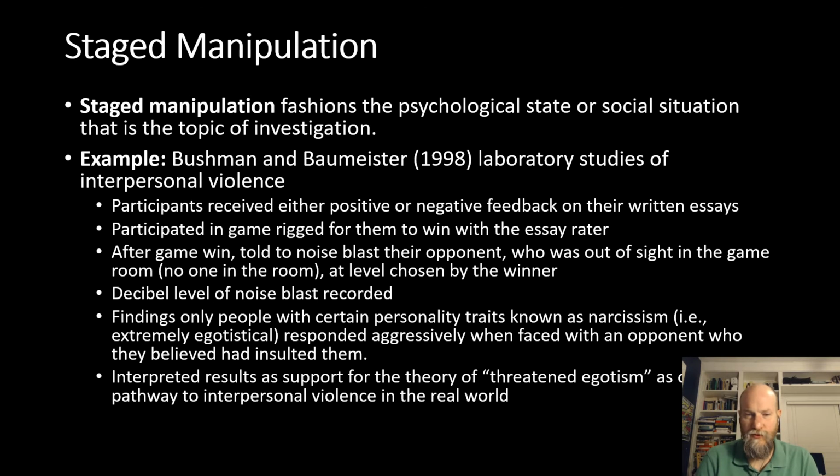They interpreted this result to support the theory of what they call threatened egotism as one pathway for interpersonal violence in the real world: that people who were high on this particular personality characteristic, if they felt they had received negative feedback from someone in their life, that constituted a threat to their ego, a threat to their sense of self, and that this could be a pathway for people to then engage in violence towards that individual.